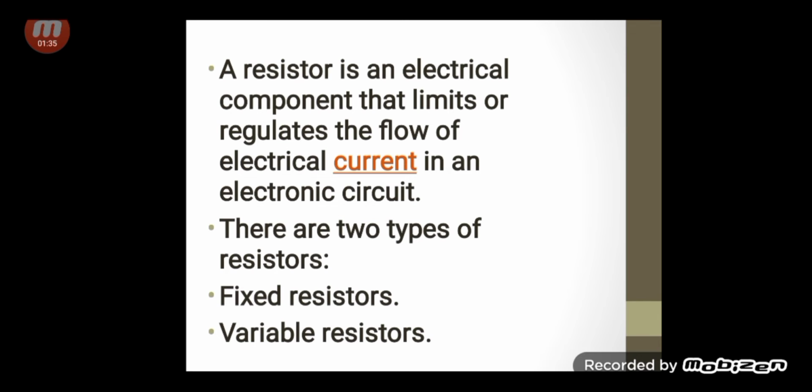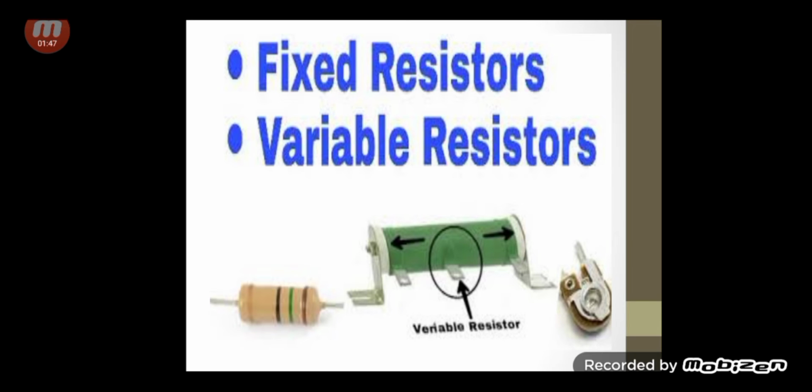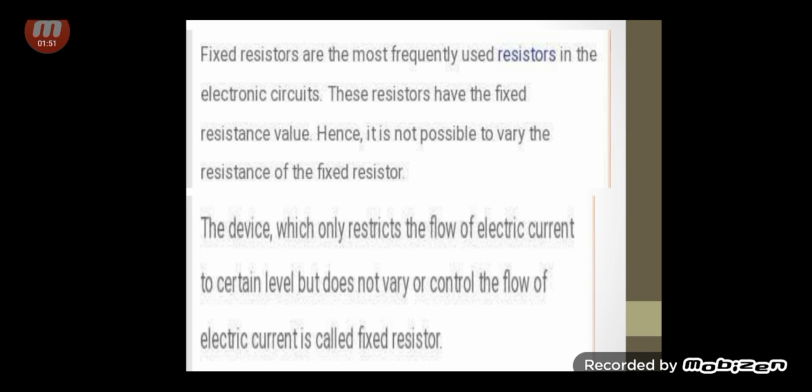A resistor is an electrical component that limits or regulates the flow of electrical current in an electronic circuit. There are two types of resistors, fixed resistor and variable resistor. Now we will discuss what a fixed resistor is and what variable resistors are. Fixed resistors are the most frequently used resistors in electronic circuits.